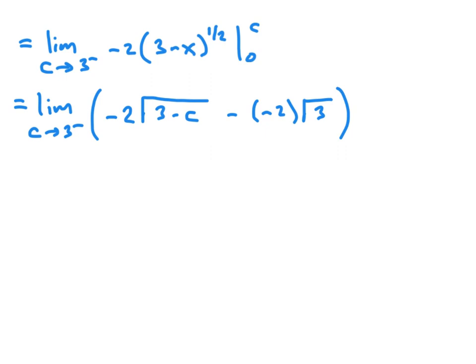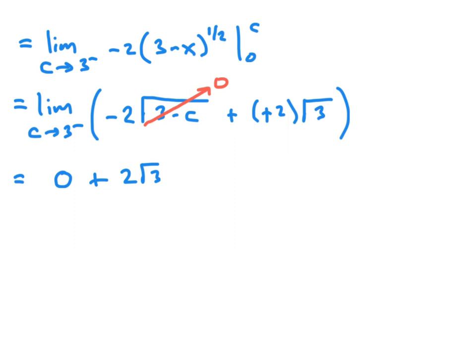And so we can clean this up a little bit. Notice that we can make this second term a positive 2 square root 3. And as we take the limit as c goes to 3, the square root of 3 minus c gets closer and closer to 0. And so when we evaluate this limit, we get 0 plus a constant value of 2 square root 3.